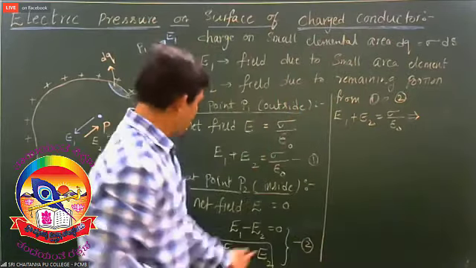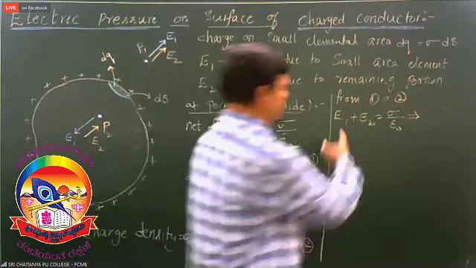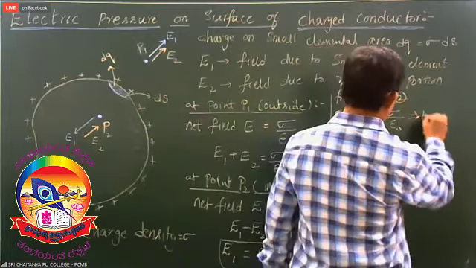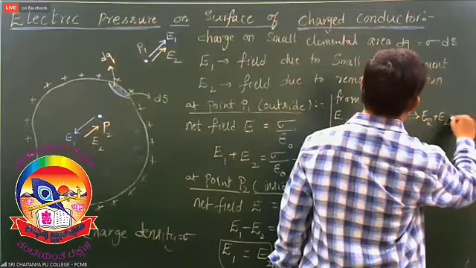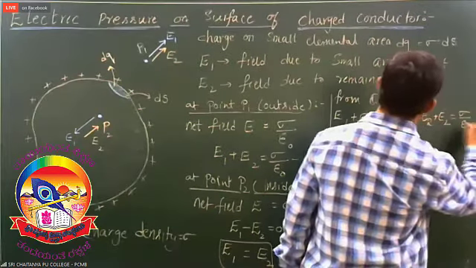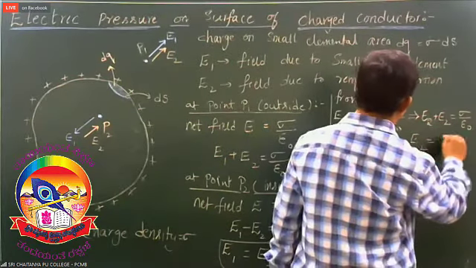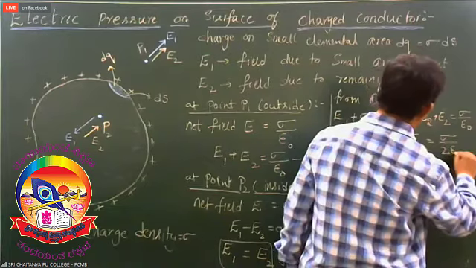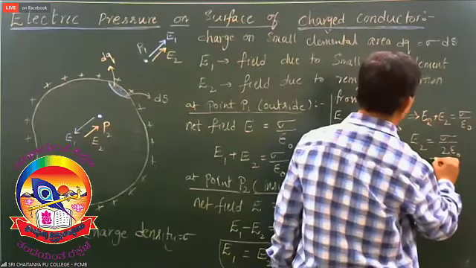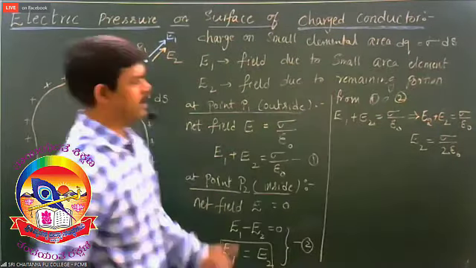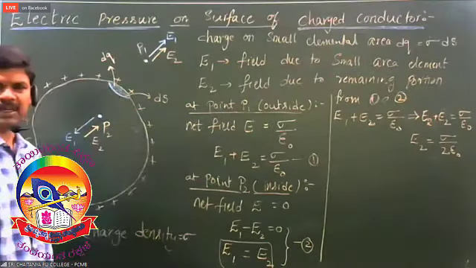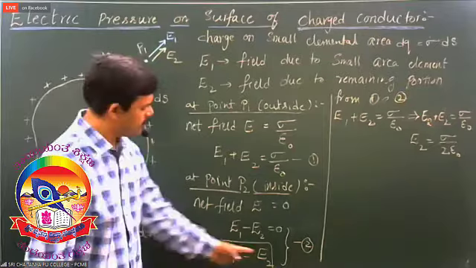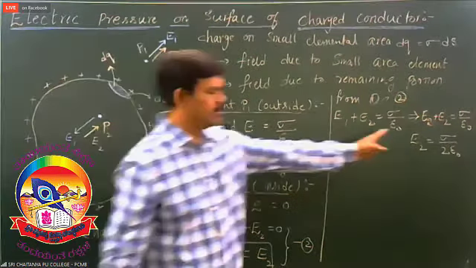I substitute E1 is equal to E2: E2 plus E2 is equal to sigma by epsilon naught. Then E2 is equal to sigma by 2 epsilon naught. Either E1 or E2 is equal to sigma by 2 epsilon naught.